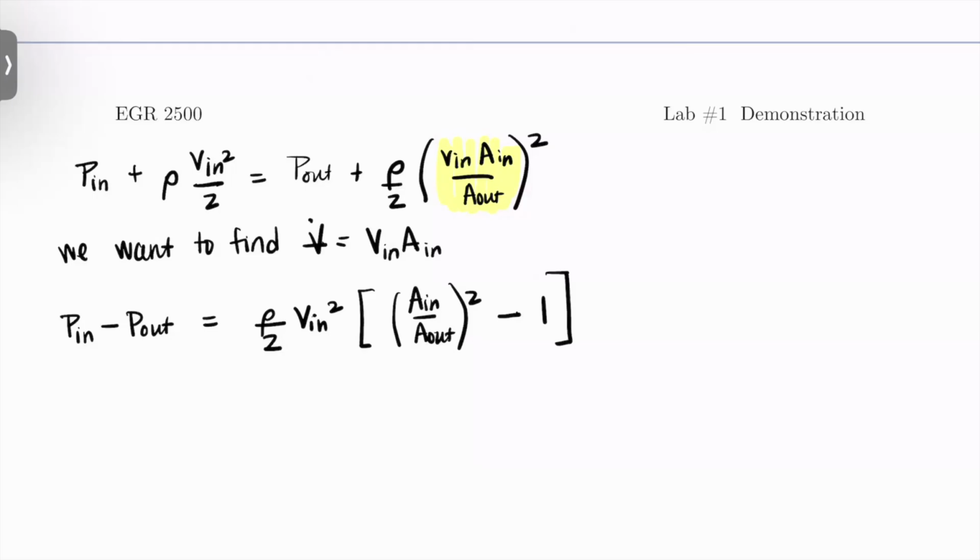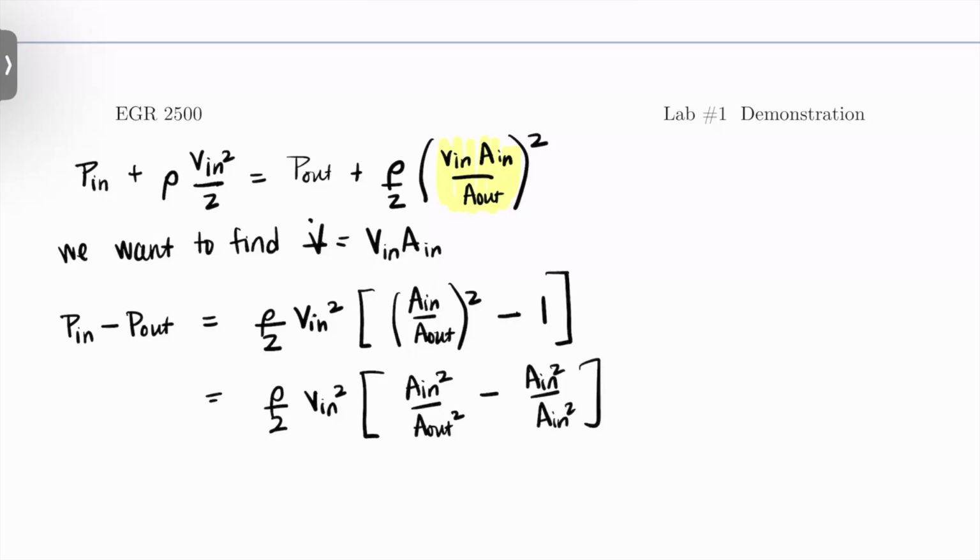We want to get the V in and the A in together, so I'm going to factor out an A in squared out of that last term here. Let me do this in an extra step so that it is abundantly clear. So I have A in squared over A out squared minus A in squared divided by A in squared. That's just another way of writing 1.